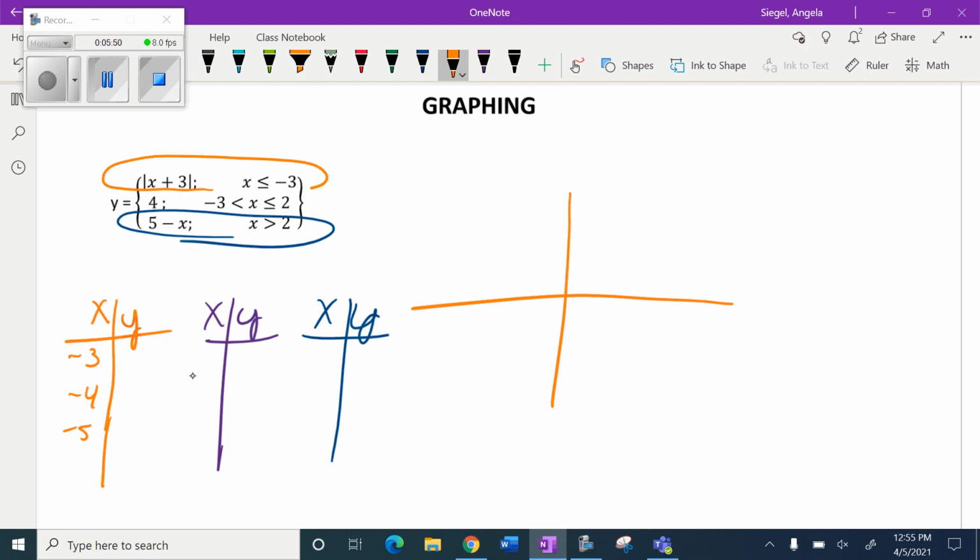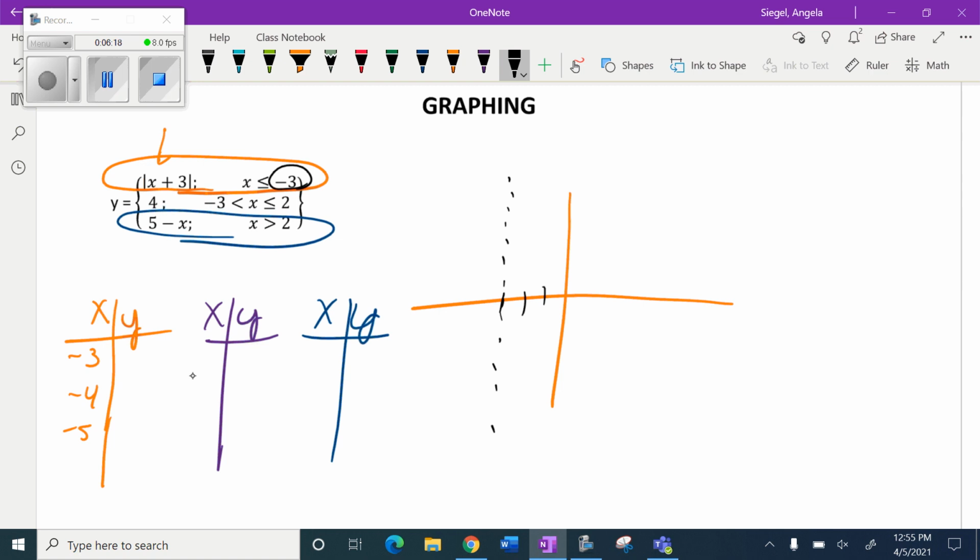Then I'm just going to plug those numbers in here. A lot of times, guys, I'll look at my boundary. I have x equals -3 as a boundary, and I put a little dotted line there. That is going to be either where something starts or something ends. A lot of times I'll do that.